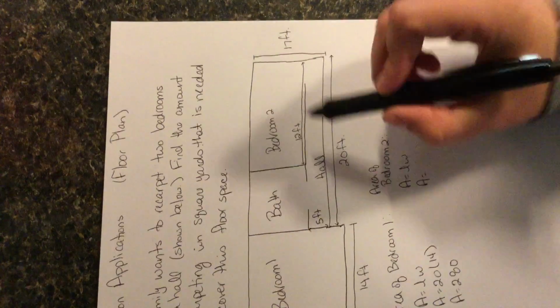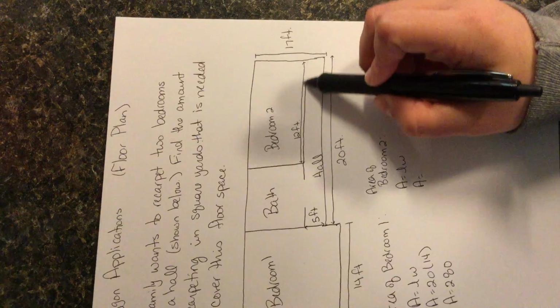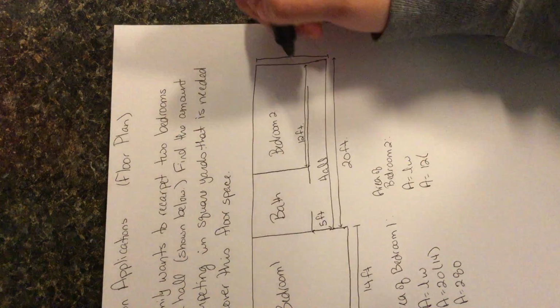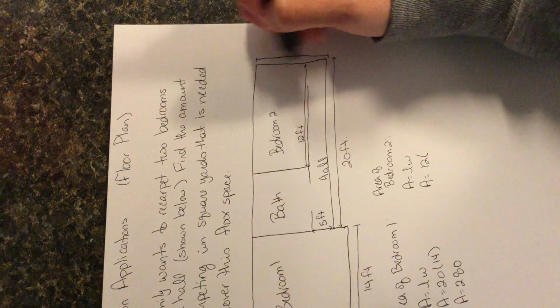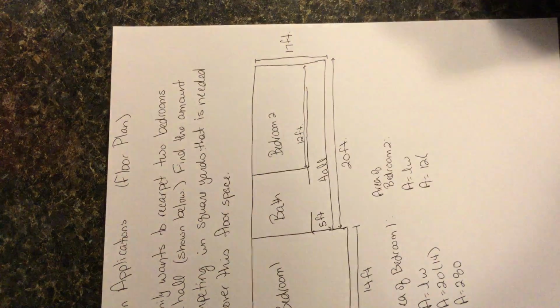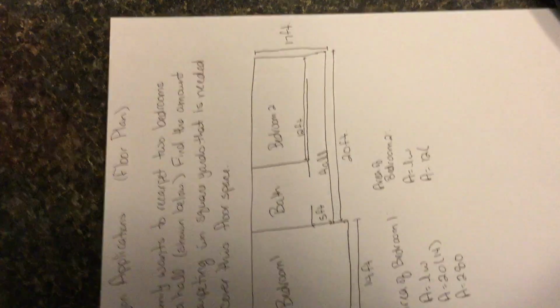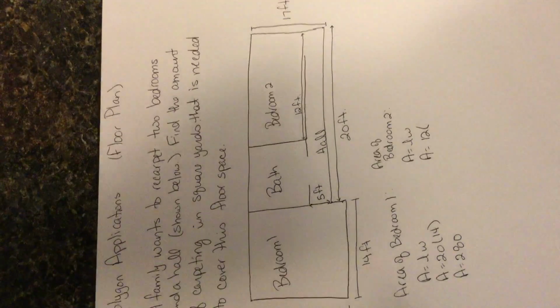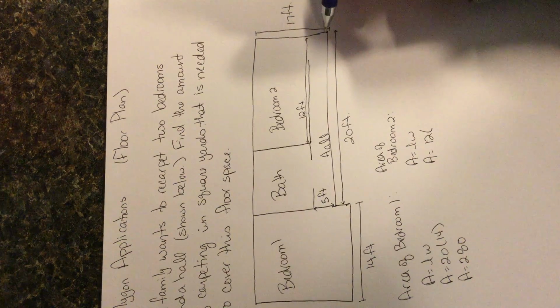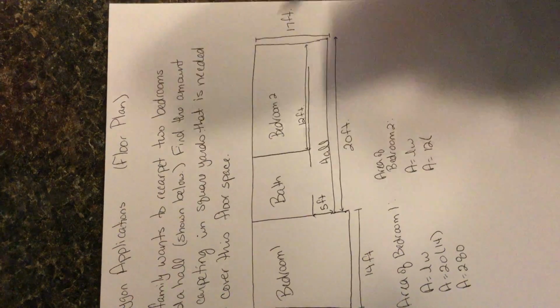So for bedroom 2, we know this is 12 feet, it tells us, times this, we do not know what this is. So we have to find this. To find that, you're going to use the fact it does tell you that this whole side from here to here, so including the part of the hallway, is 17 feet.